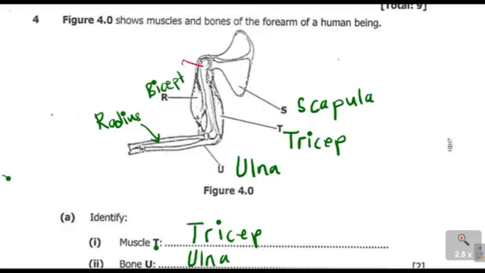Tendon will be found right here, meaning that this muscle is being connected to another bone through the what? The tendon. So here, this is where we are going to have the tendon. Okay. Then when we talk of the joint, the joint will be right here. So this joint will also be connected by a connective tissue that we call a ligament.